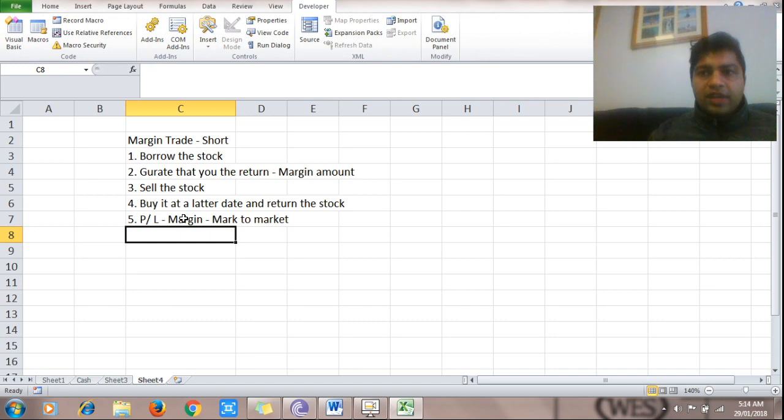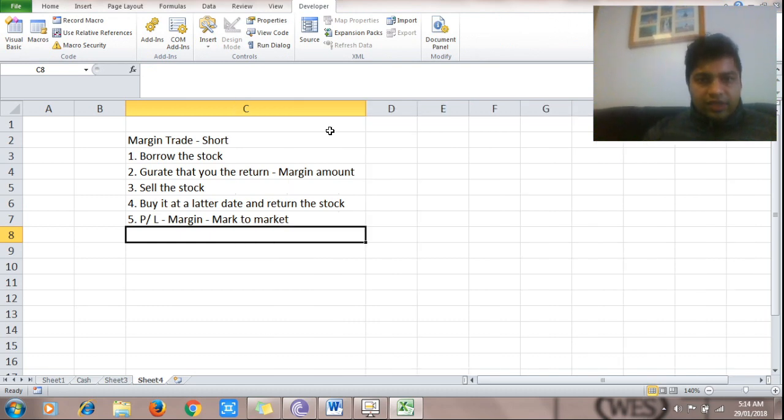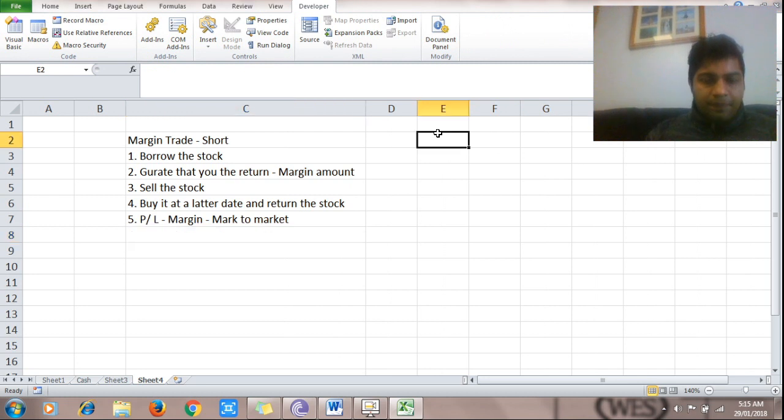So let us take an example to understand it. Let us continue with the same example, Apple stock at $170. Borrow the stock. You borrowed it from the broker. You got the stock. Now the broker wants a guarantee.